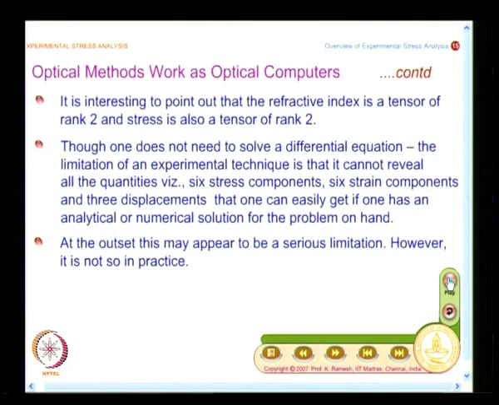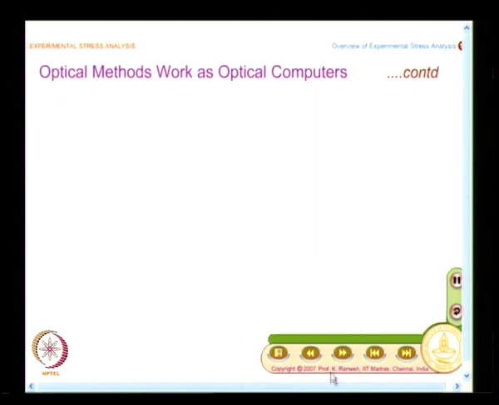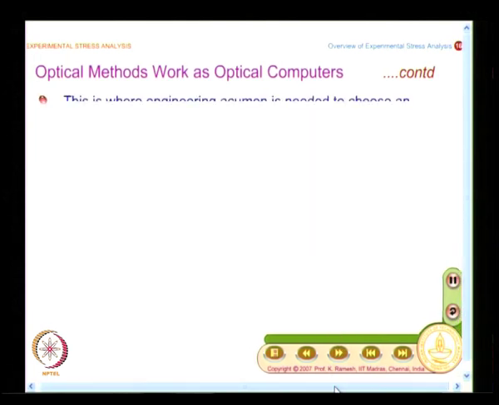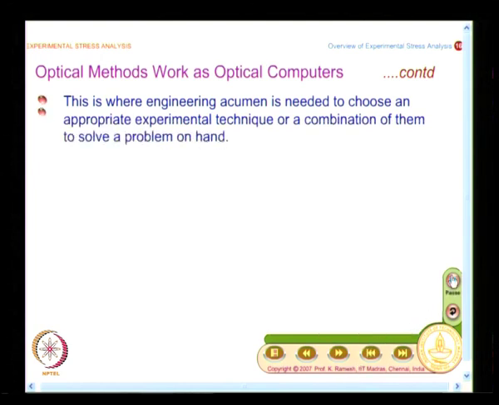It may look like a limitation, but this is not a serious limitation, and this is where, as an engineer, you have to apply your engineering acumen to choose an appropriate experimental technique or a combination of them to solve a problem on hand.